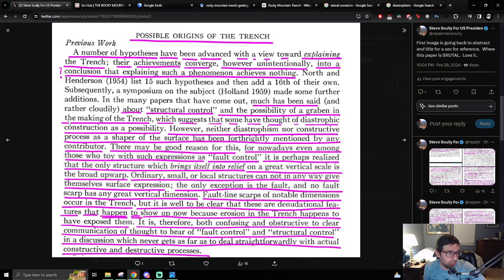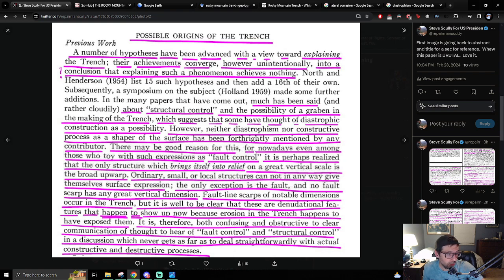The possibility of a graben in the making of the trench would suggest that some have thought a diastrophic construction as a possibility, which was the earth deformation by faulting and folding, and just processes rather than specific processes that tend towards modern interpretations in plate tectonics. However, neither diastrophism nor constructive process as a shaper of the surface has been forthrightly mentioned by any contributor.